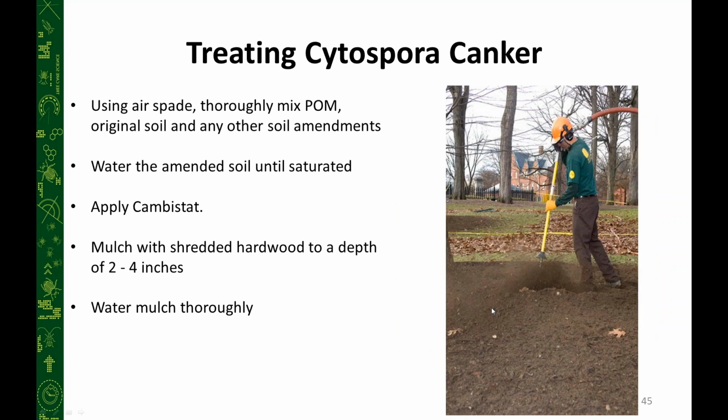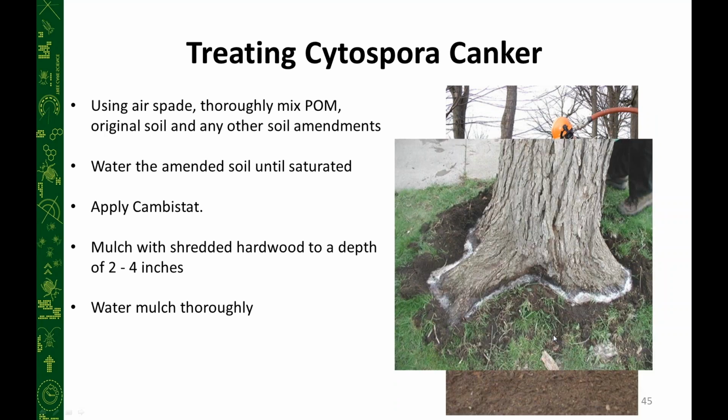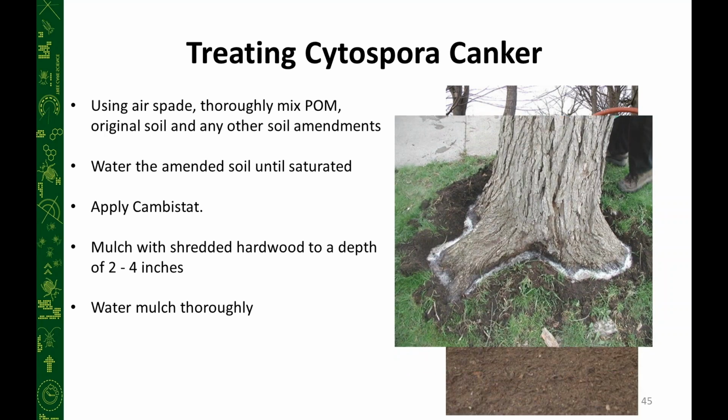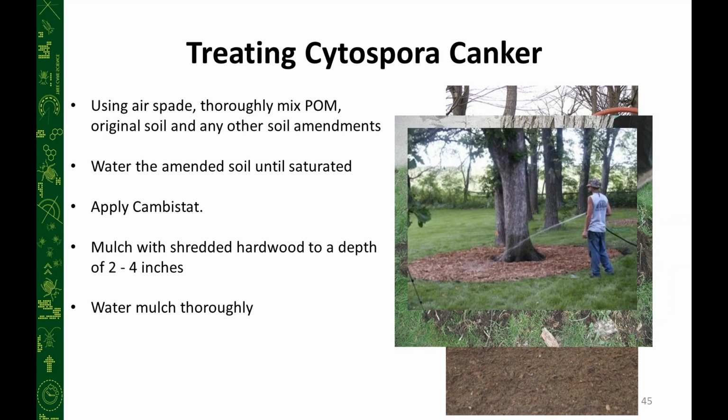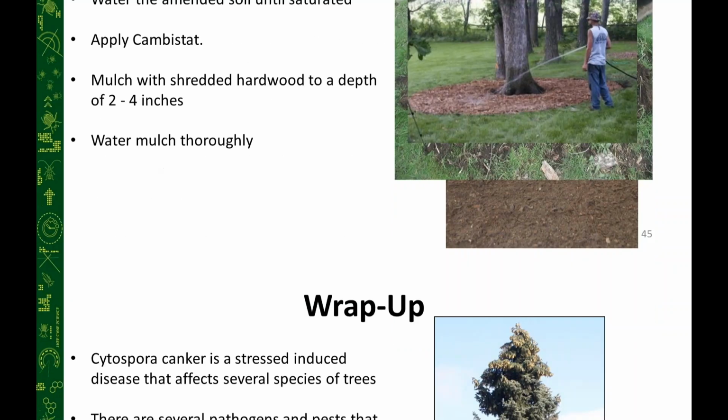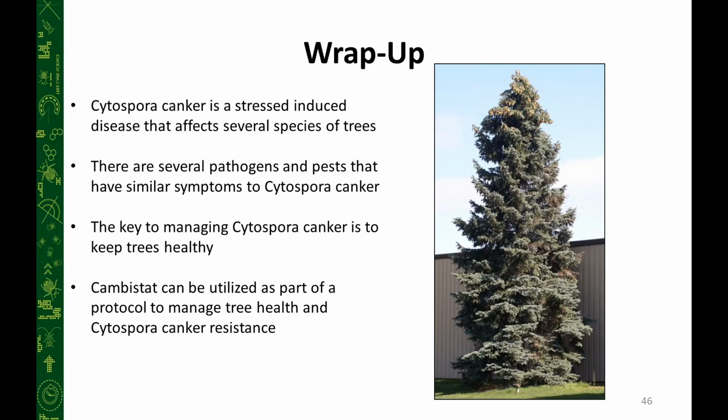So we decompact the soil, we add in our soil amendments to get the soil exactly to where we need it to be, apply Cambistat to get the plant to produce more fine root growth, and then, of course, we're going to want to go over it with a nice layer of mulch, at least 4 inches of mulch, and we're going to want to water all that back in to make sure that we're rehydrating the soil around that tree. And with that, we see just phenomenal results when it comes to managing trees, making them healthier, and again, affecting a really great positive response in the tree.